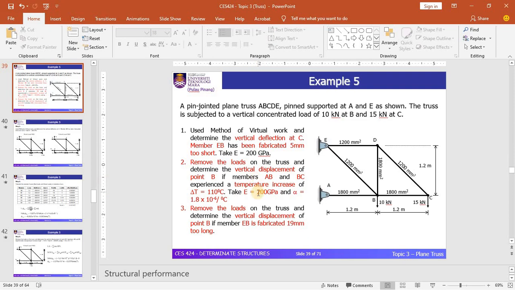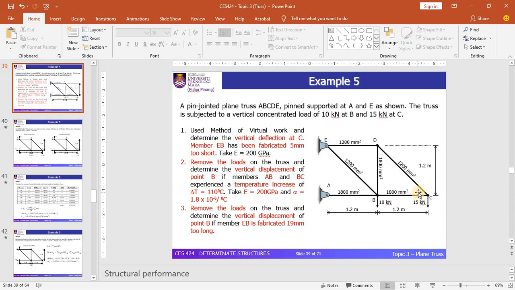You are not required to recalculate the internal forces in the truss structure for the virtual case, because the same point has been considered, unless different points are considered. For instance, if the second question asked for the vertical displacement at joint C, you would need to recalculate the internal forces for the virtual diagram.